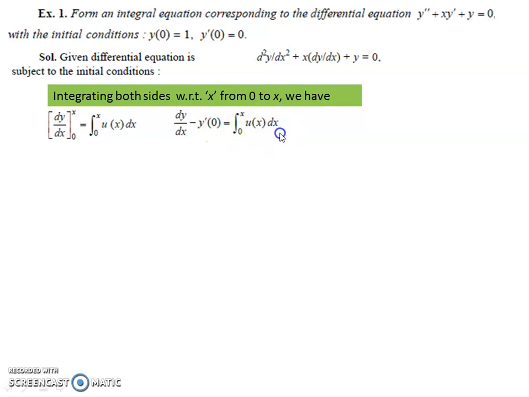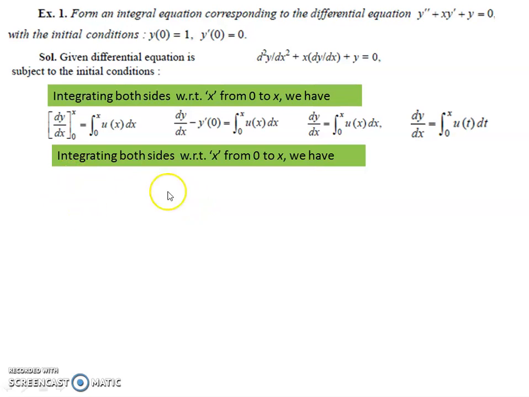So dy by dx is equal to the integral from 0 to x of ux dx, as y dash 0 is equal to 0. So I got the first answer, that is dy by dx. I replace it here also, and then integrate again with respect to x from 0 to x, so we get yx minus y0, equal to the integral from 0 to x of ux dx squared.